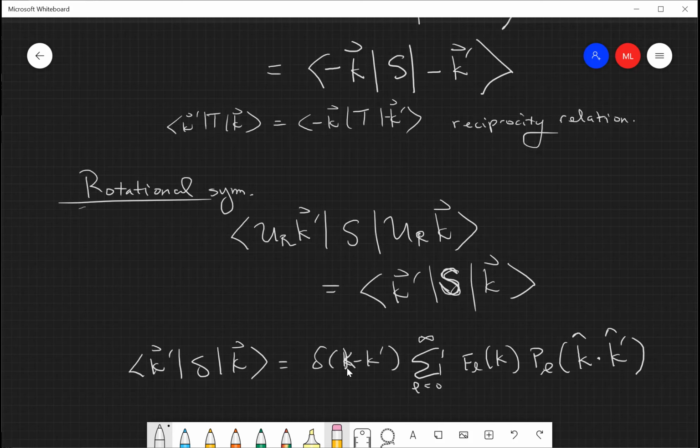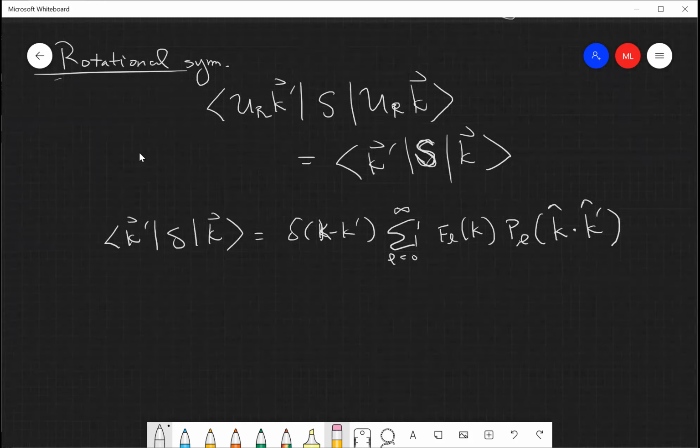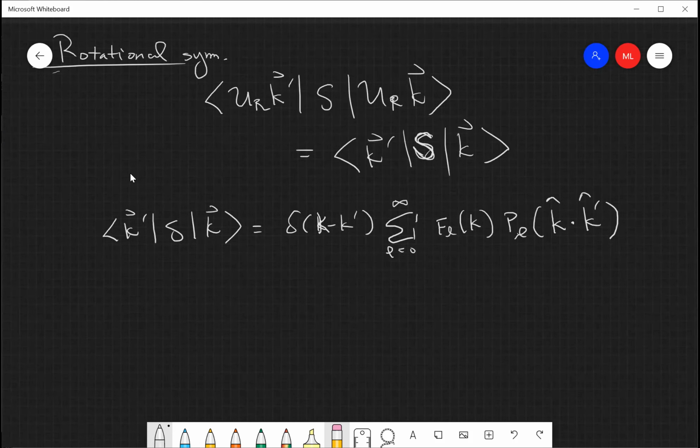Now, what else do we know? Remember that S is this unitary evolution operator, and we've yet to use that aspect of it. Unitary evolution means that if we take S and multiply it by S dagger, or the reverse, it must give you the identity. If we take the dagger and multiply, that would basically be the time reverse of the unitary.